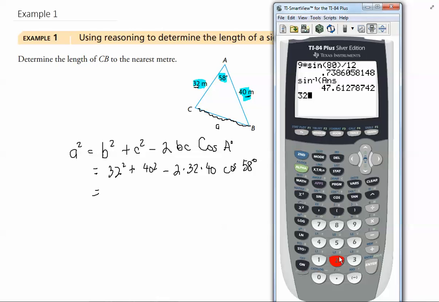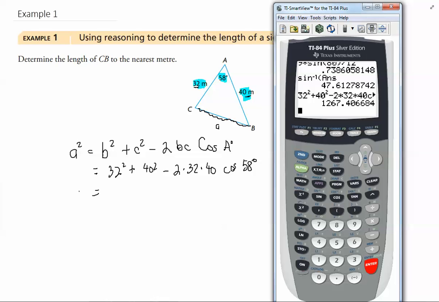So 32 squared plus 40 squared minus 2 times 32 times 40 times the cosine of 58 degrees. It's really important at this point that we don't think that that's our final answer, because that's equal to a squared.